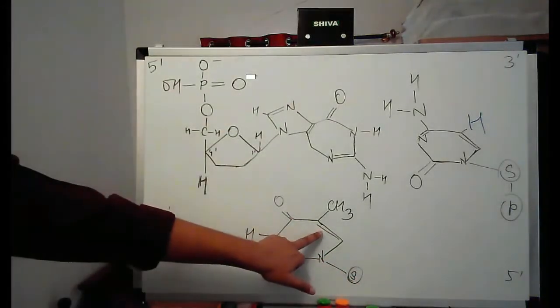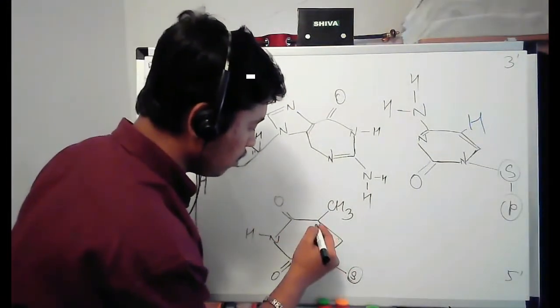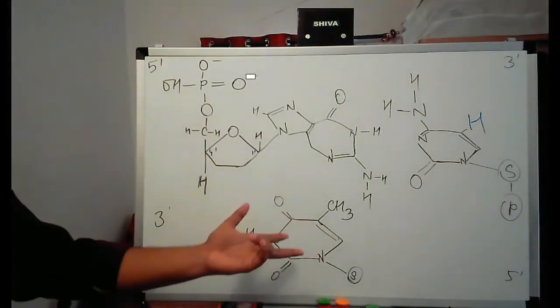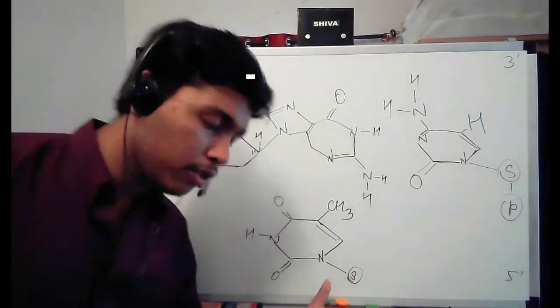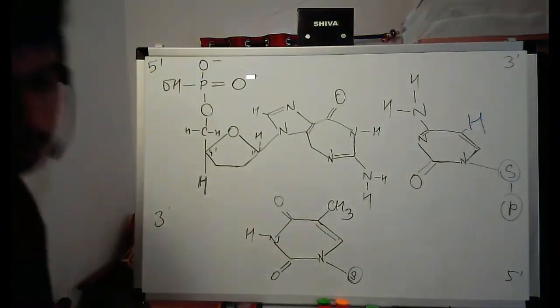Okay, add this double bond for thymine, as well as for uracil. You know where to change for uracil, so please add that for uracil too. I had missed out on this double bond.